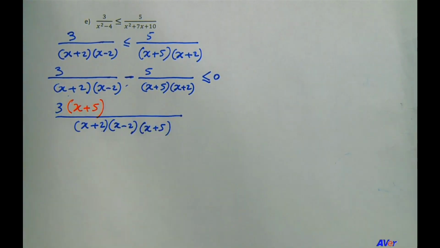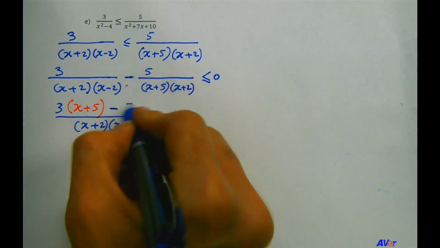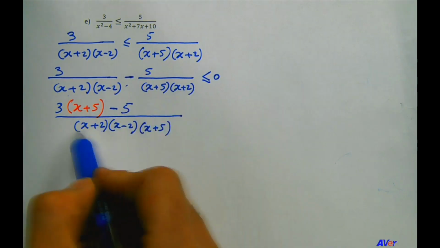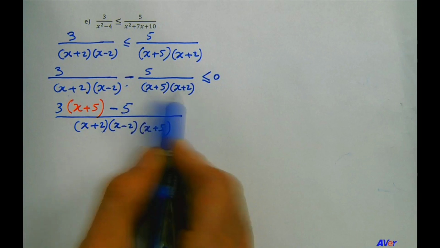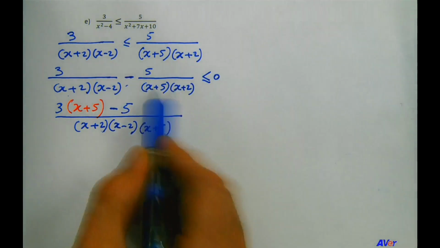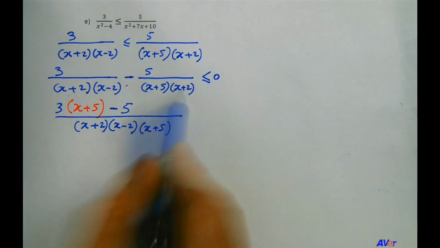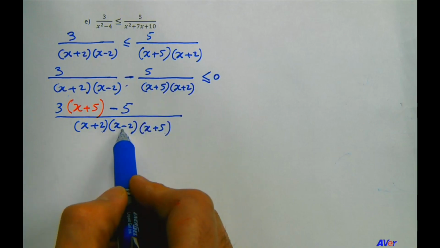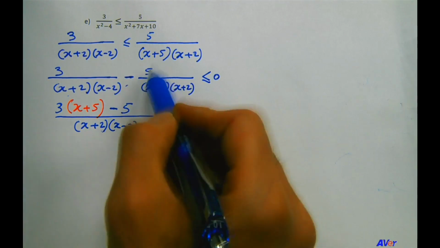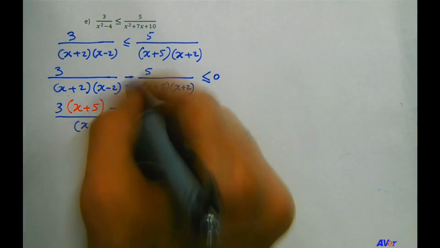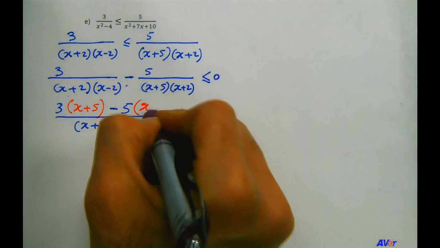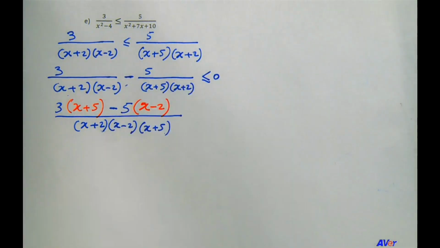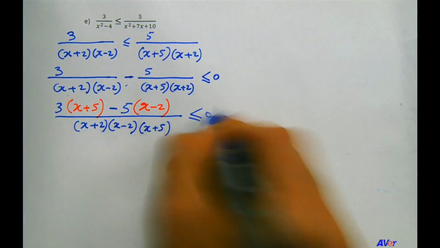Minus 5, then compare this common denominator with that denominator. What is missing from this denominator? x plus 5 is there, x plus 2 is there, but not x minus 2, right? So multiply 5 by the missing factor, x minus 2, less than or equal to 0.